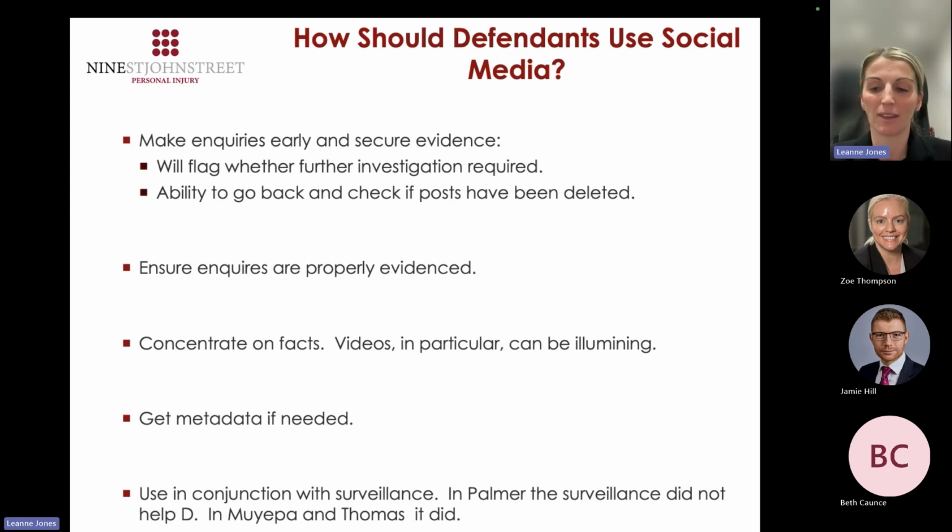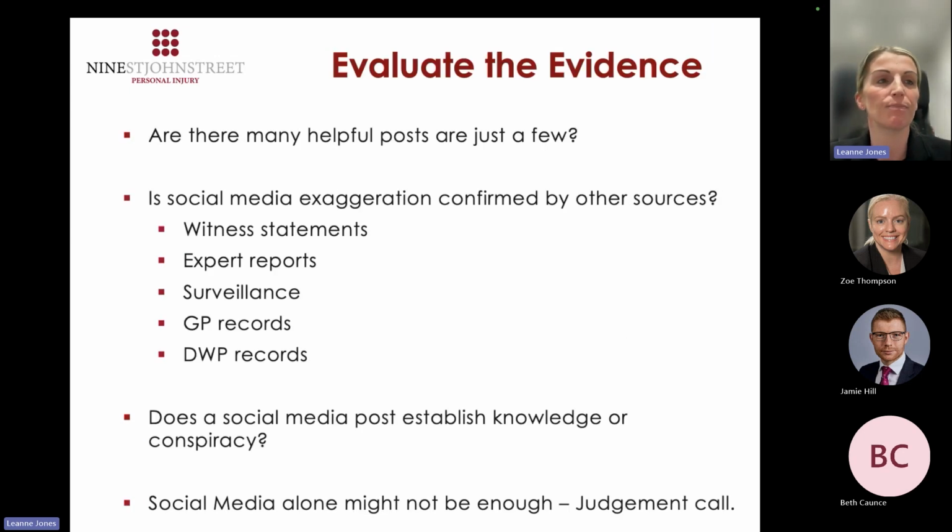Quite often you get them leaving the defendant's medical examination, which would be a brilliant smoking gun, where they've said, I can't walk without the assistance of a stick for more than 50 yards or whatever the case may be. And the defendant's got them under surveillance, showing them hopefully skipping out of the examination building. So it's those sorts of things that we need to complement the social media evidence.